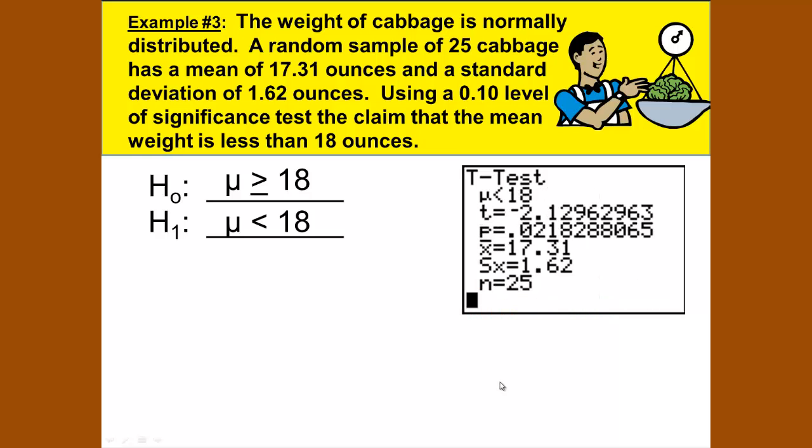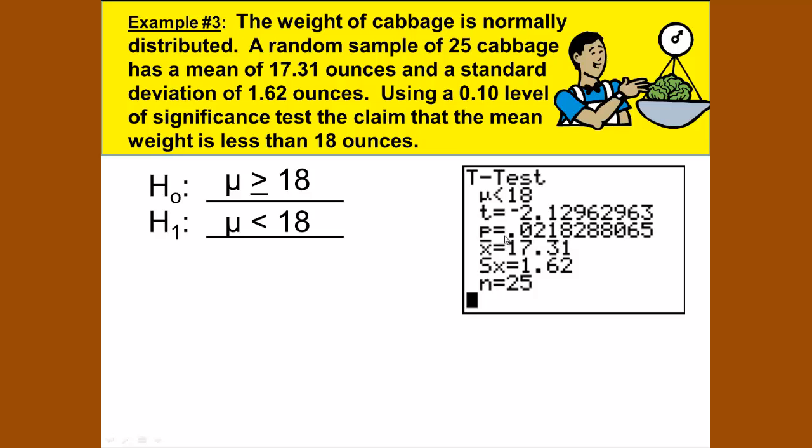That gives us the same type of results as we had before, and our Calculate screen gives us a p-value of 0.02 and a t-score of negative 2.1296.